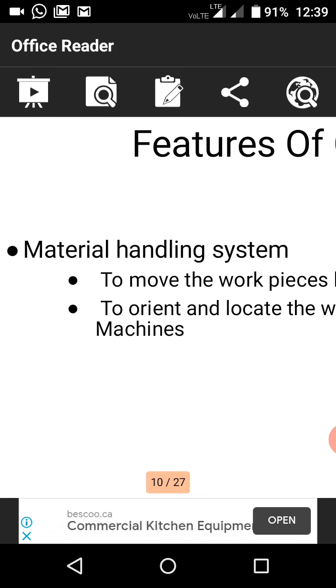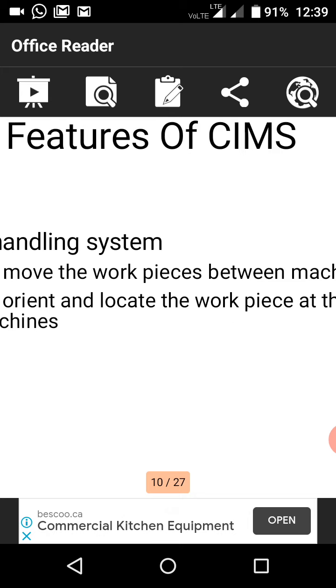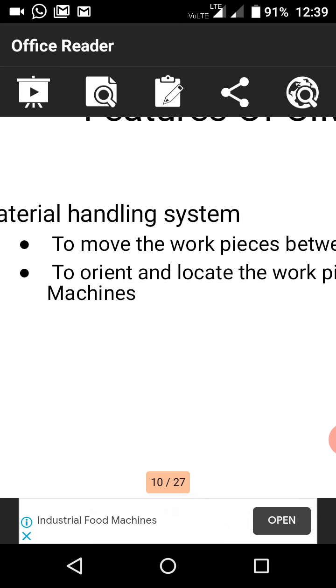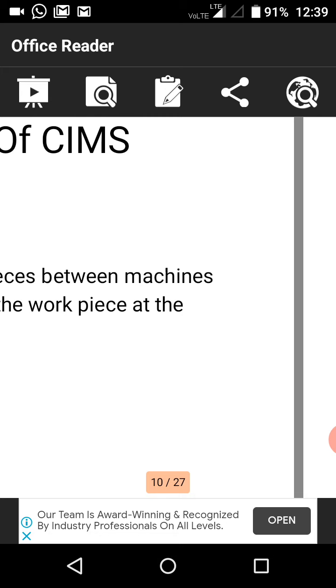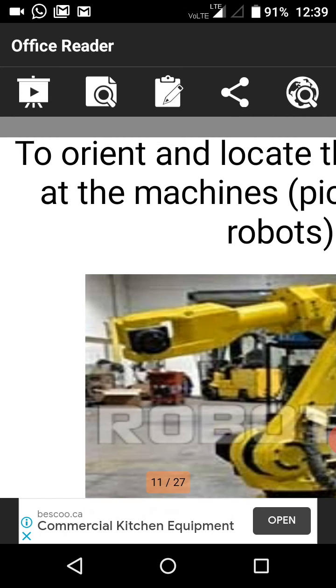So we have studied the features of material handling. To move the workpiece between machines, first the workpiece should be kept on the machine, and after finishing, we should remove it from the machine. That is the material handling system. Next is tool oriented location at the machine, pick and place robot.